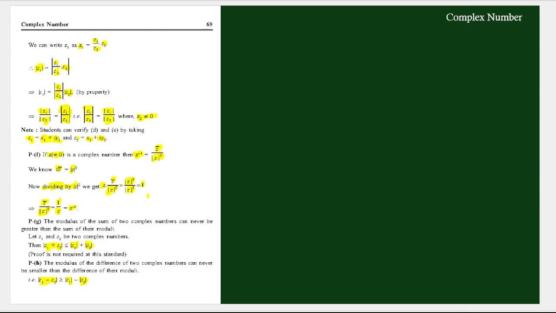The minimum value of modulus z plus modulus z minus 1. That means separately, modulus z1 plus modulus z2 cannot be less than the modulus of the sum. It cannot be greater than 1, that means it cannot be bigger than 1. Let's try.